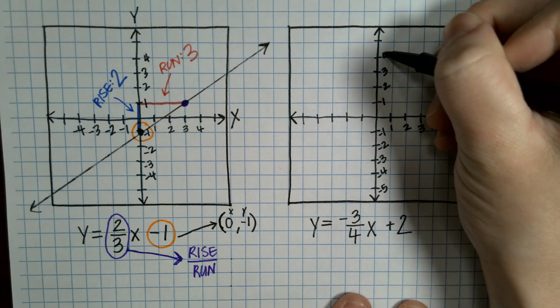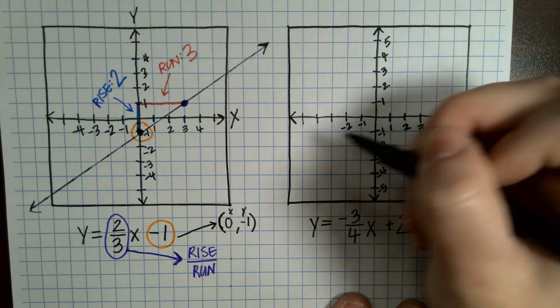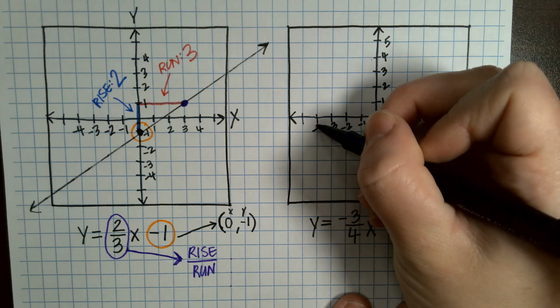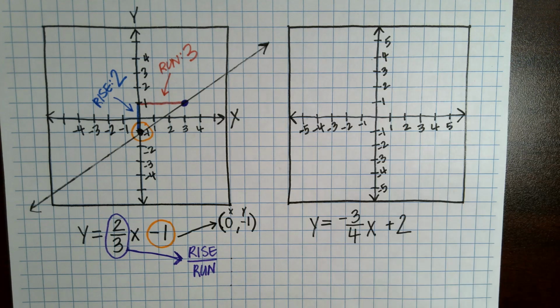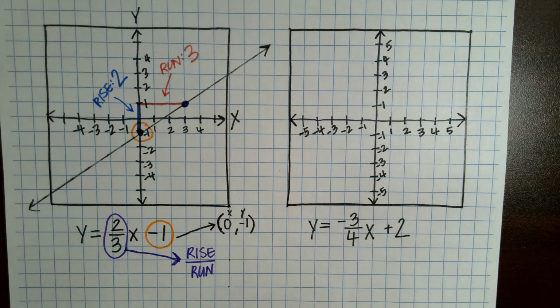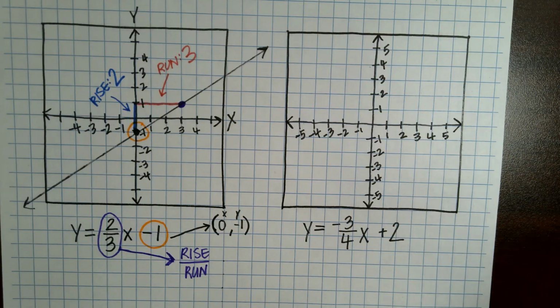3, 4, 5. Okay, so I've got my numbers on there. I'm going to label my x and y axis.